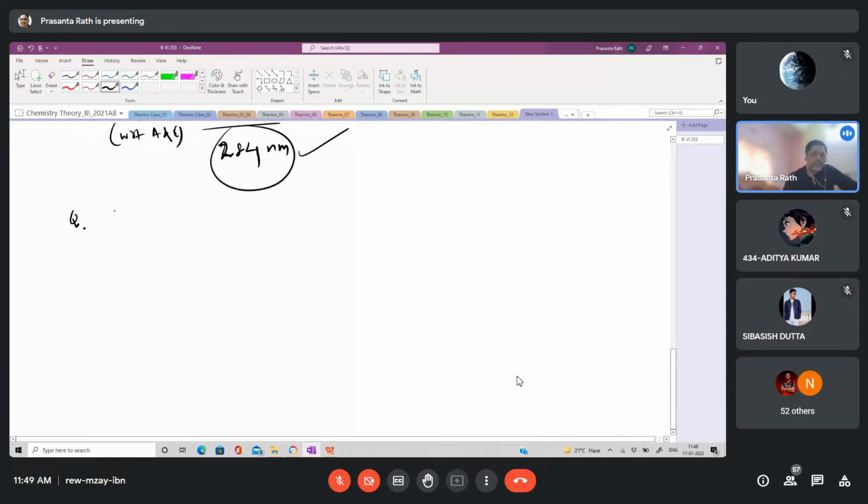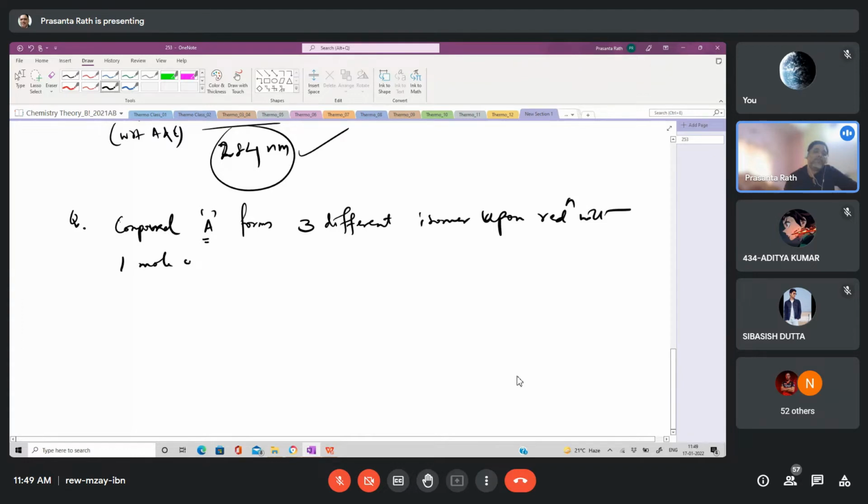This is the last question we'll do. Compound A forms three different isomers upon reduction with 1 mole of hydrogen.